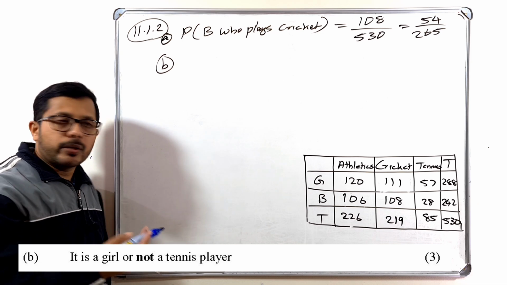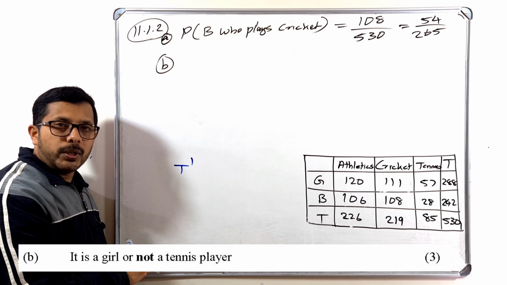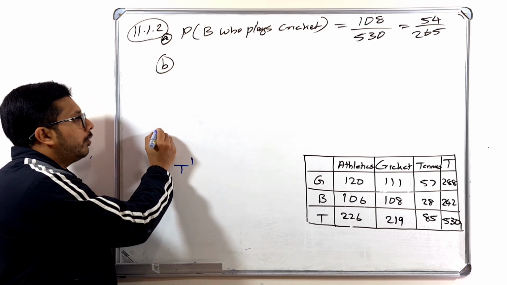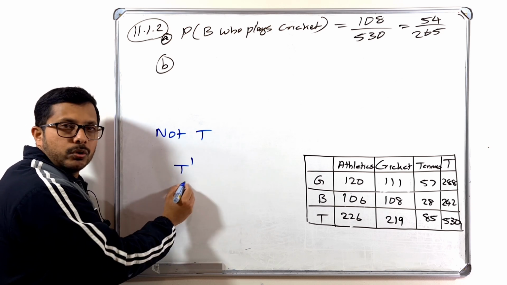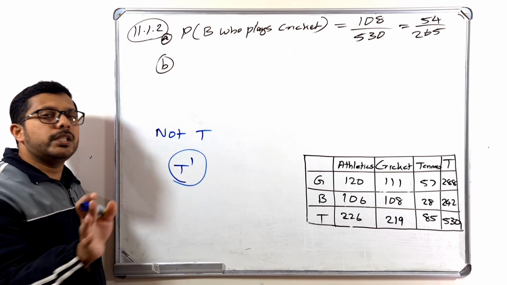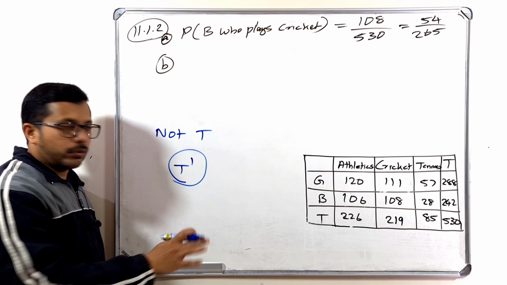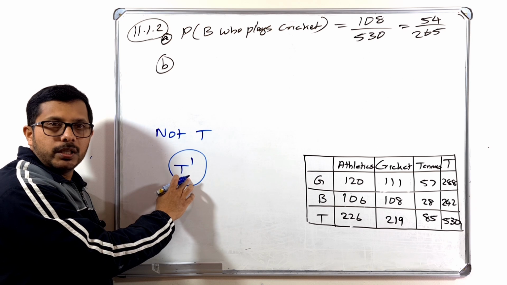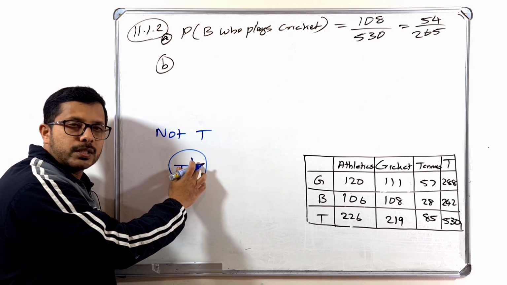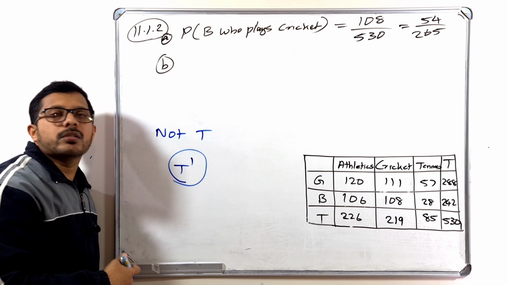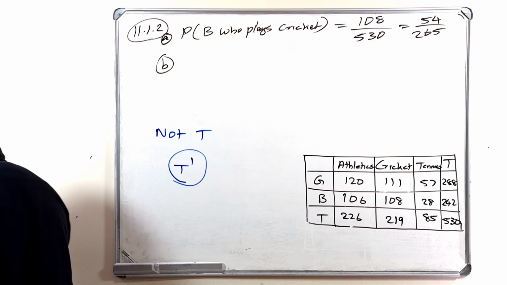Not a tennis player means you write T complement. Not a tennis player is the same as T complement. So how can we represent that in probability? Tennis player complement means that it is not a tennis player. Now come back to our question. What is our question?